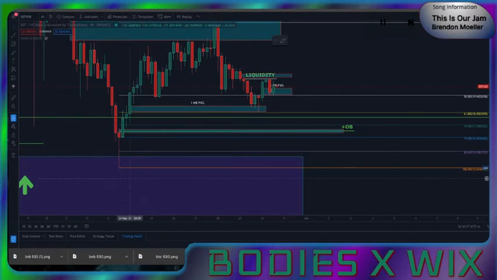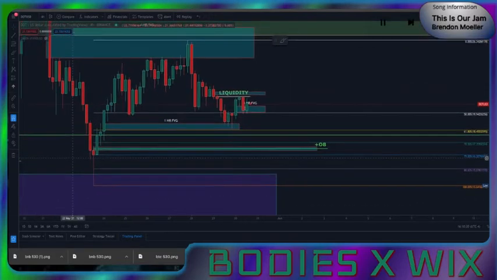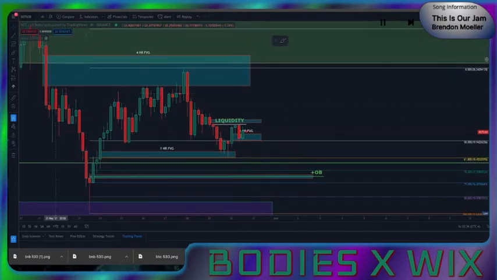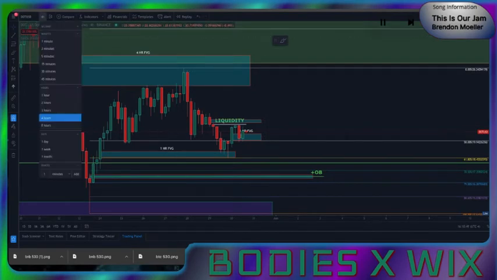But we're still in the 4 hour. Things probably need to get to the 1 hour by now. But in the 4 hour, I wanted to show that it did cause this big fair value gap that we had to watch out for. So 1 hour is when things get fun.